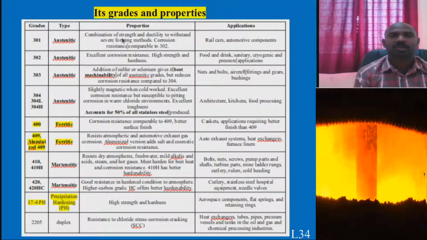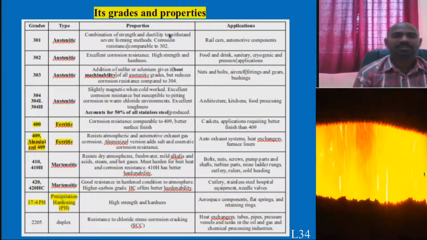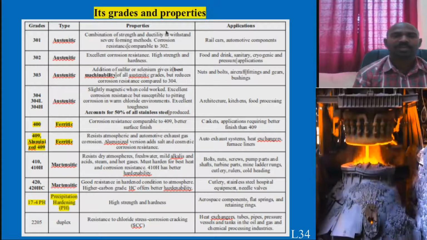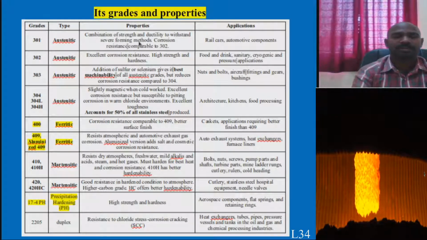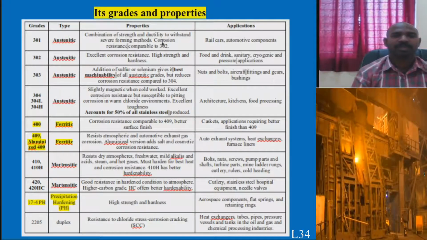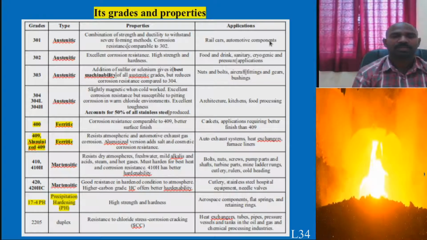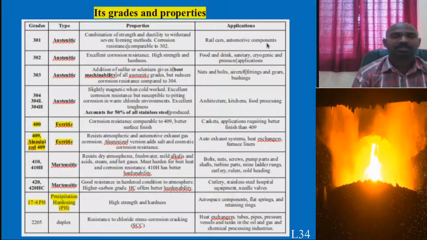You can go for those forming methods. You can choose the 301 series, and by those forming methods you can make it suitable for automobile components.